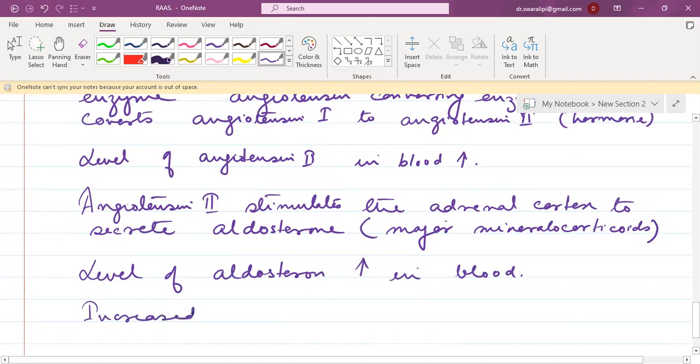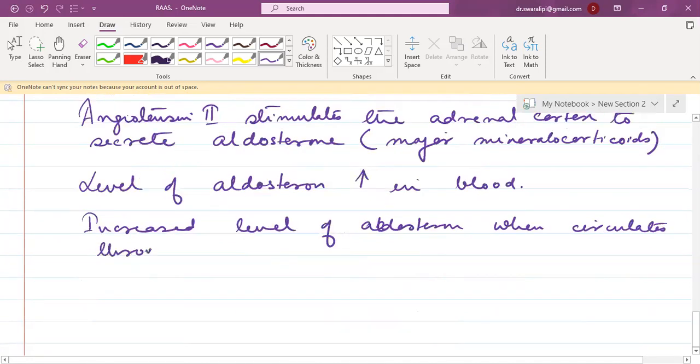Increased level of aldosterone, when it circulates through the kidney, what does it do? It increases the reabsorption of sodium.